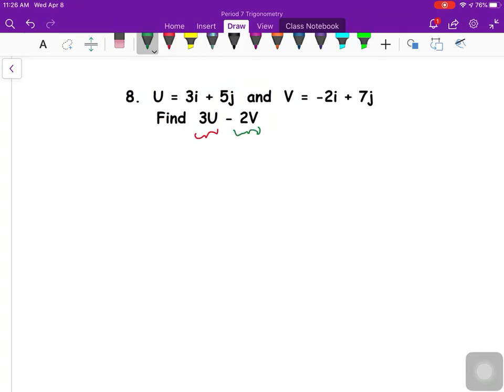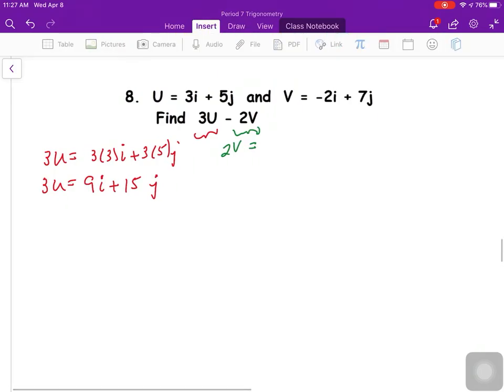Sometimes we'll combine scalar multiplication with addition or subtraction. So this time, I'm taking 3u plus 2v. Or I'm sorry, minus 2v. Let's do the 3u first. 3u would be 3 times 3 for the i, plus 3 times 5 for the j.